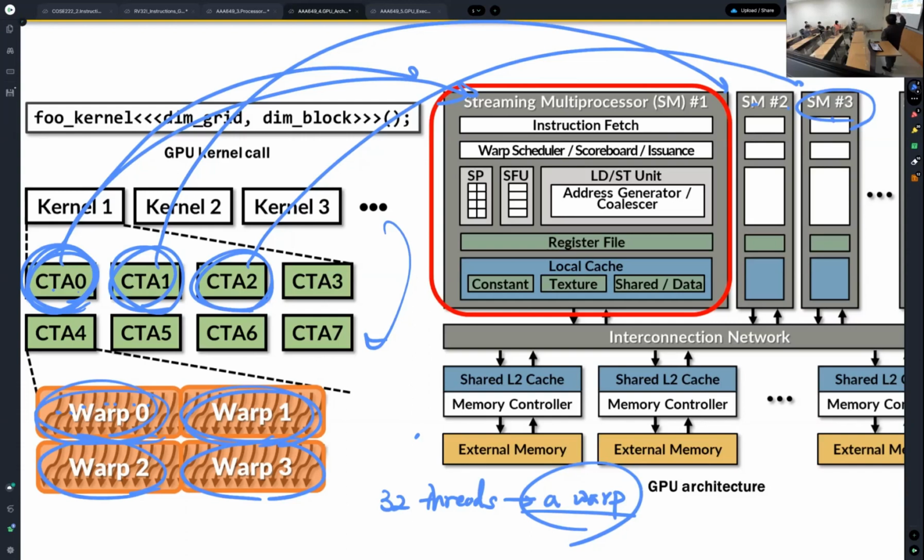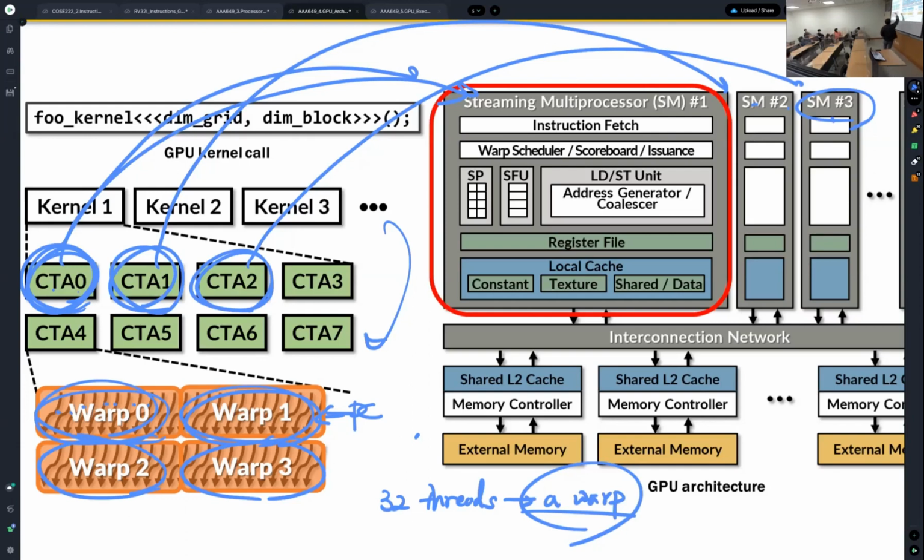Inside the CTA, multiple threads are generated and the GPU groups them into a warp. The threads in the same warp share the same instruction, which means the program counter is the same. So these warps are independently executed inside an SM.